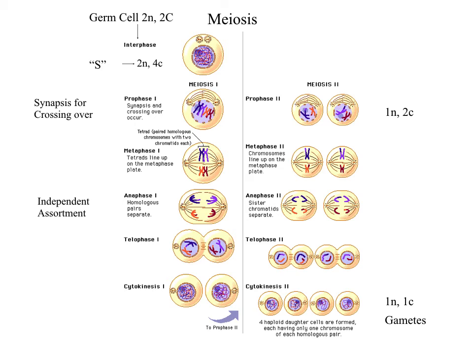And now we're going to pull apart our sister chromatids. And the sister chromatids go to opposite poles at anaphase 2, and then at telophase 2, we start forming our 4 individual cells that are now haploid and only have 1 chromatid representing a chromosome in each cell. The 4 cells will then undergo cytokinesis 2, resulting in the 4 haploid daughter cells that are formed.